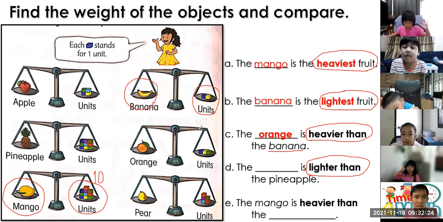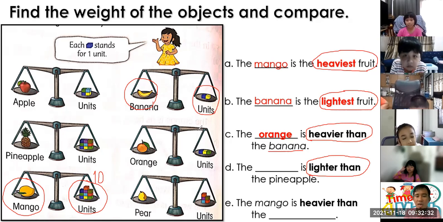Okay, pear. The pear is lighter than the pineapple. Orange is lighter than the pineapple, right? What else? Apple. Apple is lighter than the pineapple, right?